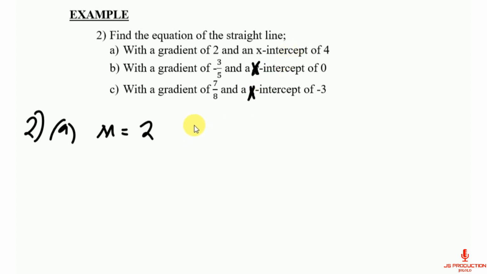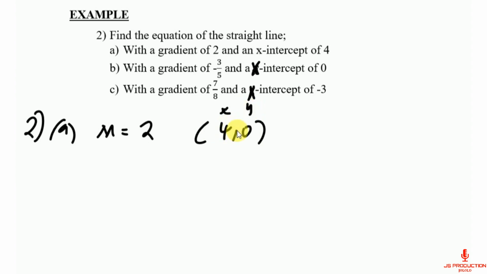So the coordinates of the x-intercept are going to be 4, 0, since the line cuts the x-axis there. We know that that's our x and that's our y.